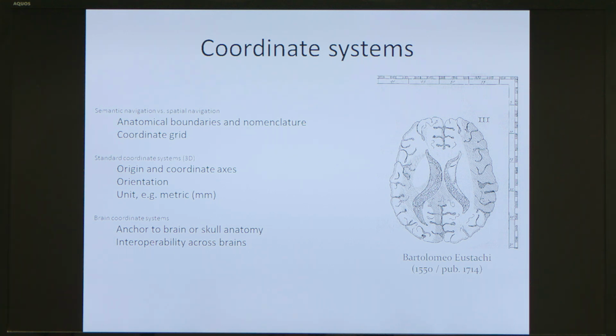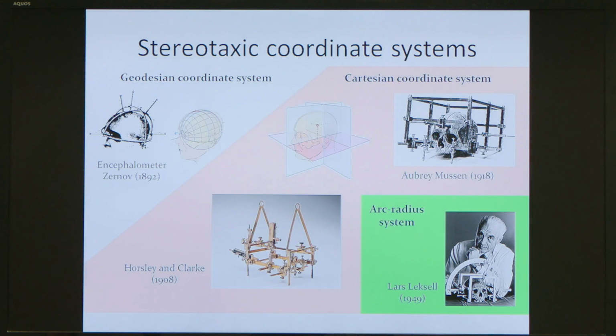It needs to be defined with respect to where it starts and where it stops, units and so on. And this has been a very important approach to navigate to certain parts of the brain, in particular in surgery. So the stereotaxic coordinate systems have been developed to help out with the need to navigate to a small spot in a complexly organized brain with instruments.